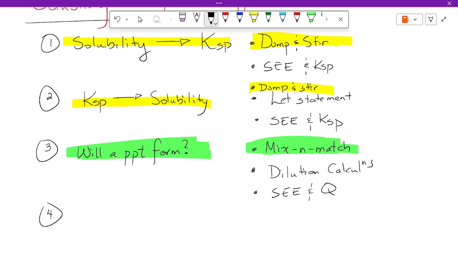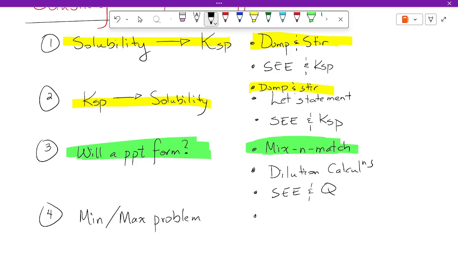Minimum and maximum problems. Those are the ones we did yesterday. What's the minimum without a precipitate forming? What's the maximum without a precipitate forming? What's the minimum to get a precipitate to form?